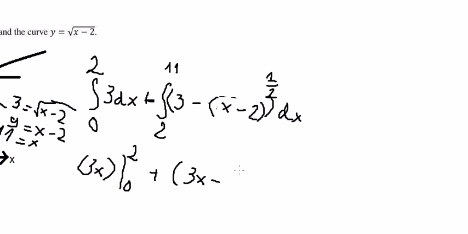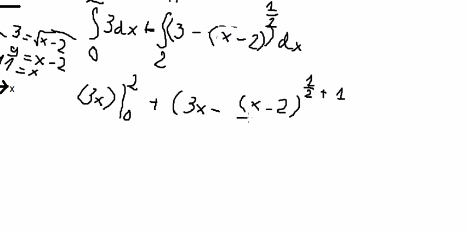So you get x minus 2 to the power of 1 over 2 plus 1, over 1 over 2 plus 1. So in this situation, you get 3 over 2.